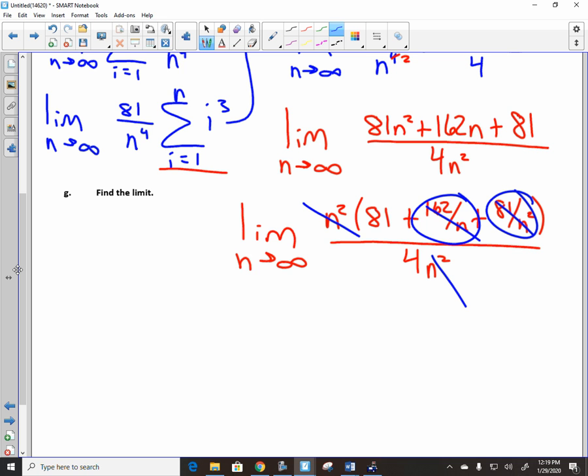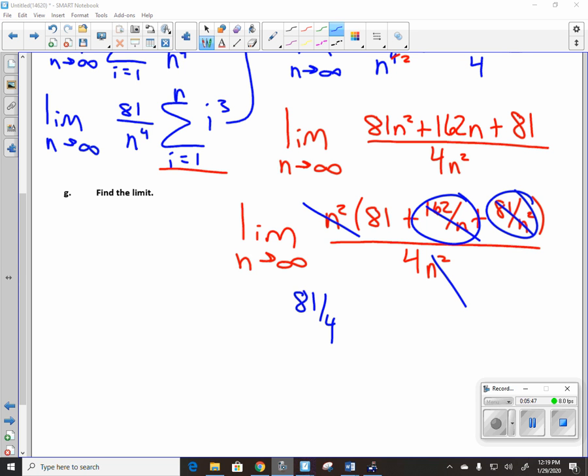Why do they go to 0? Very good. As n goes to infinity, n becomes significantly large, and so something over a very large number becomes 0. So you get 81 over 4. That's the exact area. Like yesterday, it took us how long? Whoa! 5 minutes, 47 seconds.